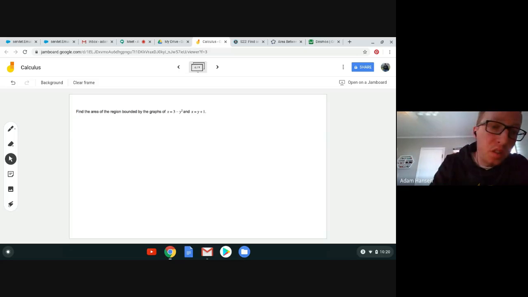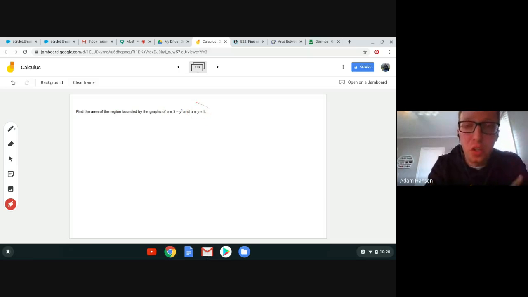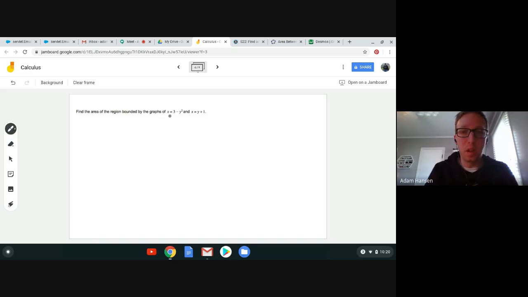So right away, I notice a couple of things. Rather than functions in terms of x, these are two functions in terms of y. We're not asked to find a vertical area, but a horizontal area. Let's type these into Desmos, and I think you'll get a better picture of what I'm talking about.